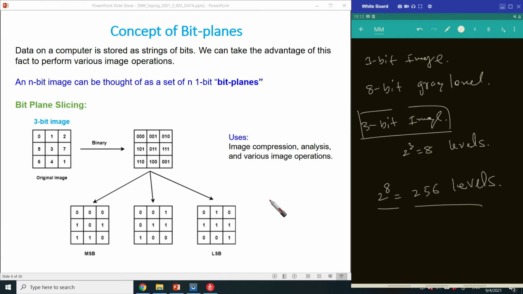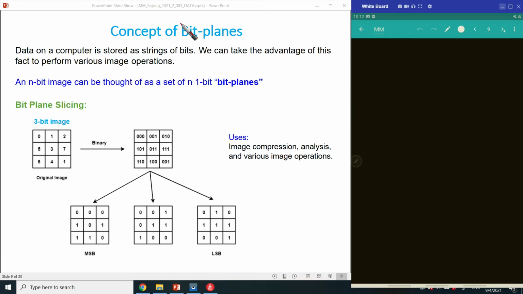Now we'll be explaining the concept of bit planes. This is a very interesting concept. As we already know, data on a computer is stored as a string of bits, that means a sequence of bits, as we just saw. Interestingly, we can take advantage of this fact to perform various image operations. We can think of an image as basically a sequence of bits.